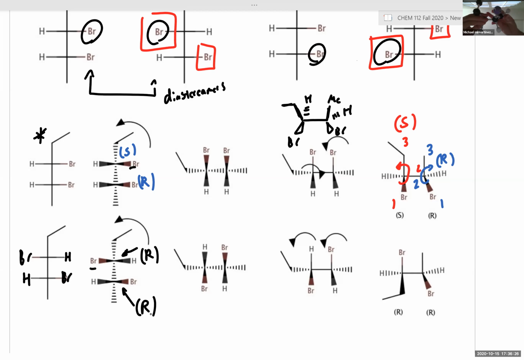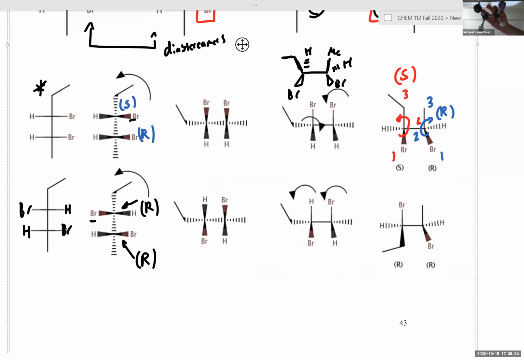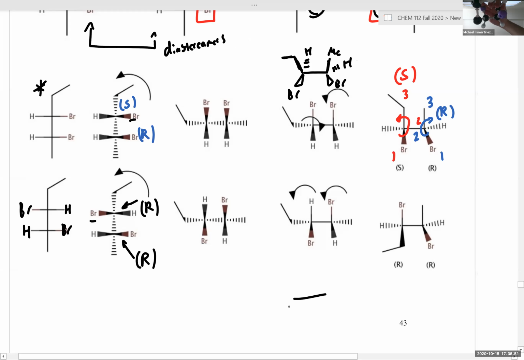Now all I have to do is draw what I see. Of course, your depiction of the molecule may be a little bit different. That's okay. There are many ways to rotate a molecule and get the same overall response. Okay. So first and foremost, I see I have both my hydrogens in the back.